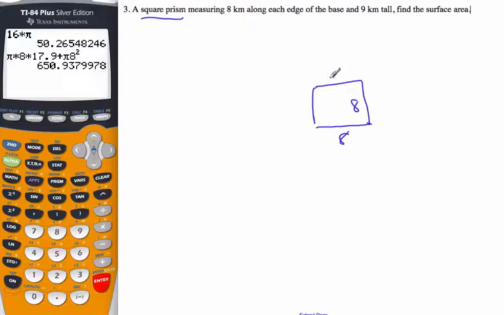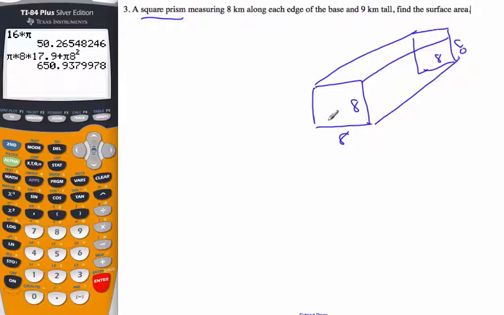The prism means that it's going to go out this way, and I have another square out here that is also 8 by 8. These all connect as such. This is 9 kilometers. And this is my square, as is the back.